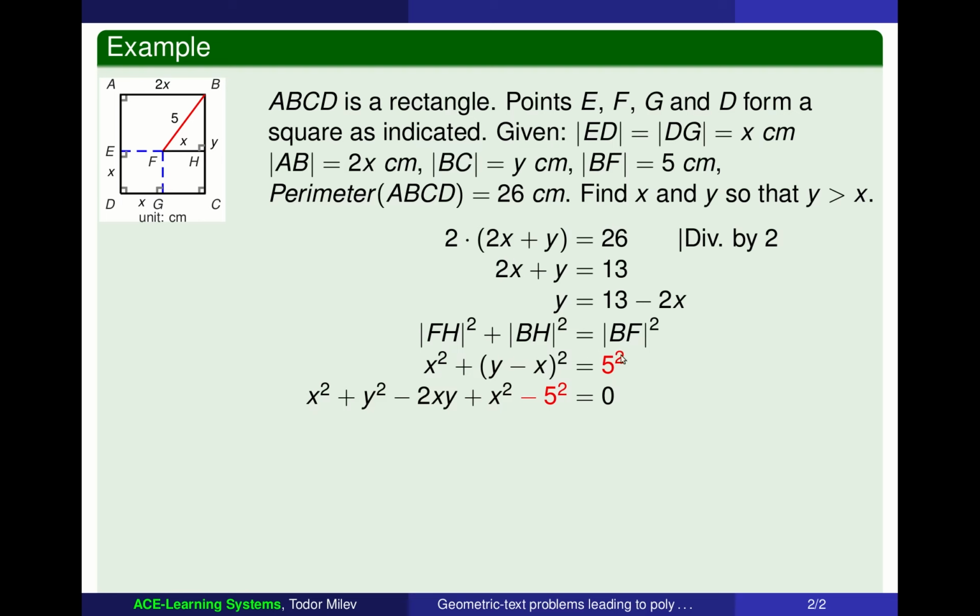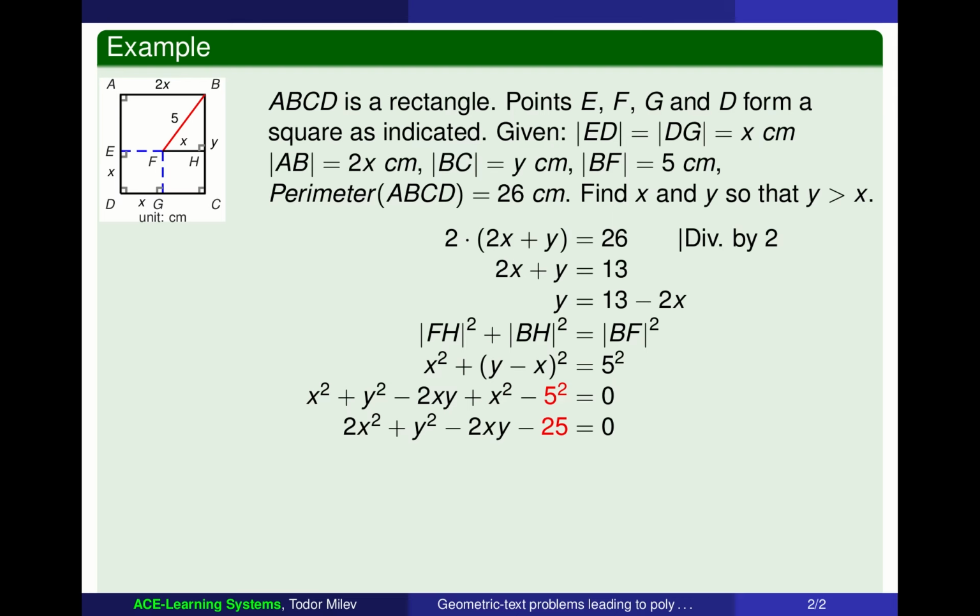What I have also done is I've taken 5 squared and transferred it to the left-hand side, because in this way, when I end up replacing y with x, I'm going to be having a quadratic equation. Okay. Next, let's combine the two x squares. So x squared plus x squared is 2x squared. And let's remember that 5 squared is 25. Everything else has been copied.